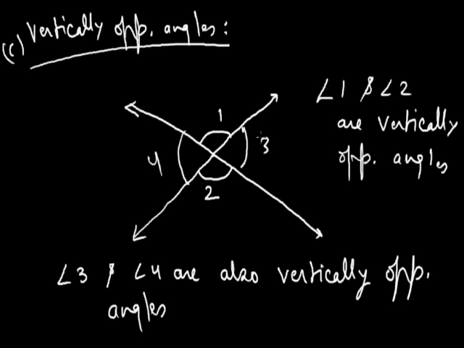So the concept is that when two lines intersect at a single unique point, they form four angles.